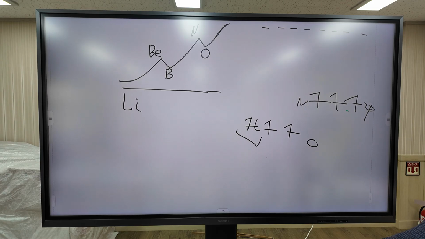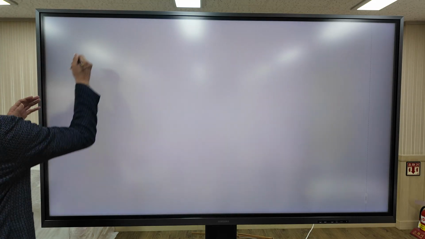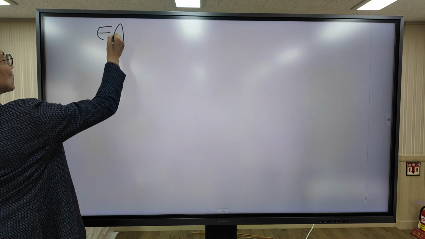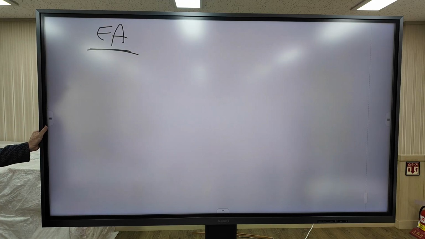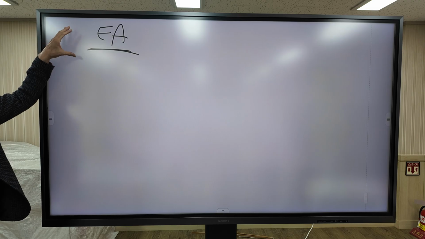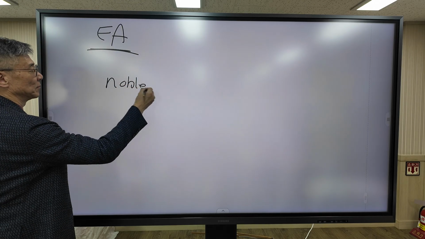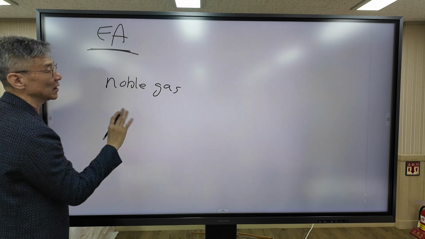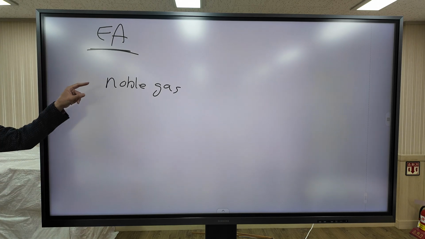Okay. Let's move on to electron affinity. For electron affinity, as I previously said, there are several elements for which electron affinity could not be measured. A representative example is the noble gases, because we cannot attach electrons to the noble gas.